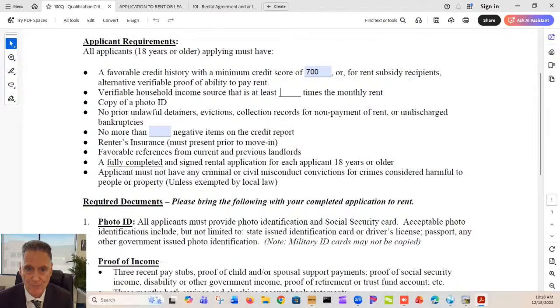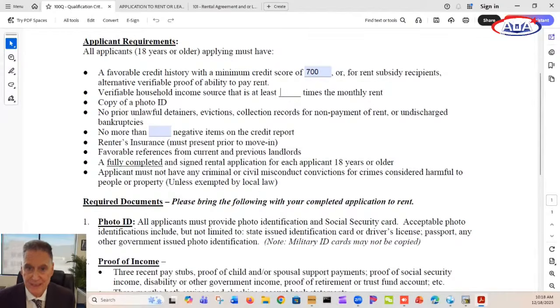I mean, here's the problem: if your tenant's car breaks down and it's a $1,000 repair and they don't have any wherewithal, then they're going to fix their car and you're not going to get your rent. So I think it should be at least 3 times the monthly rent.